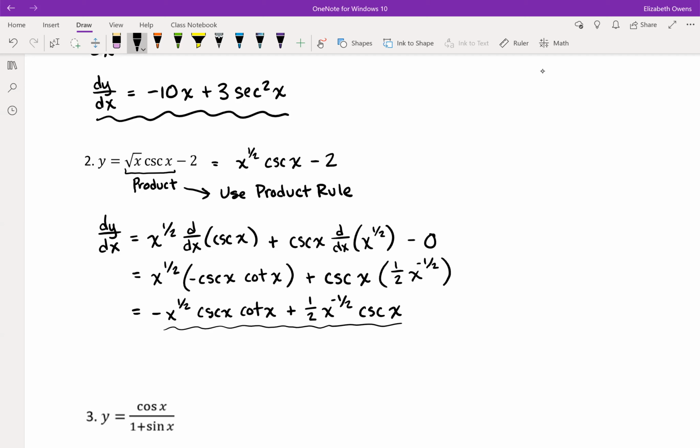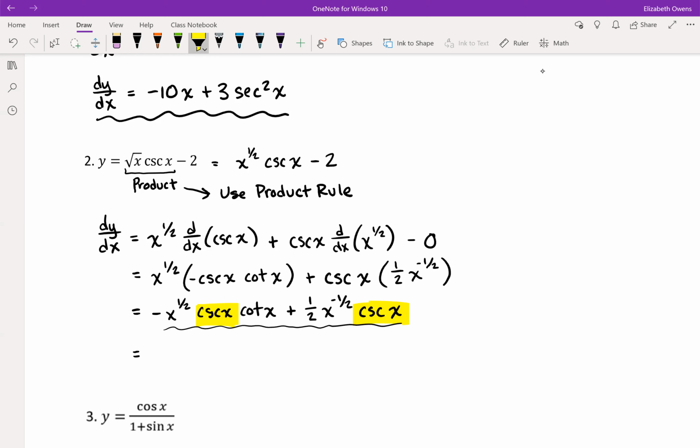Now, in certain circumstances, you might go on to use this derivative for something else, and then certain simplifications might be useful. I'm not sure where entirely this particular function and its derivative might crop up, but a common simplification you might see would be to take out some of the common factors, which here would be a cosecant x for sure, and then also to factor out the lowest power of x.